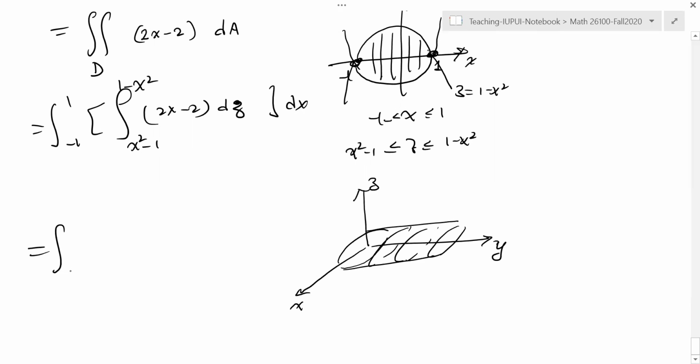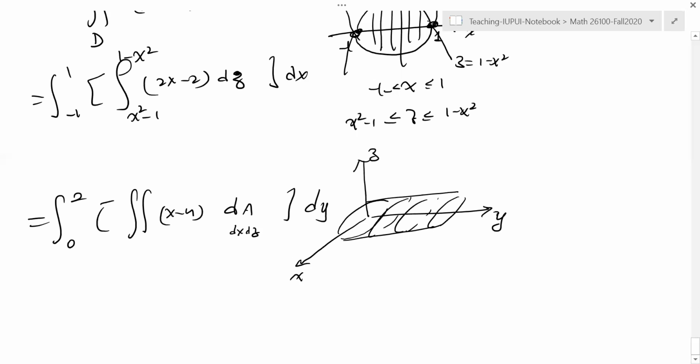So why not write down a single integral first with respect to y? This is the y variable. Then this will be a double integral of the function x minus y dA, and dA will be dx dz this time.